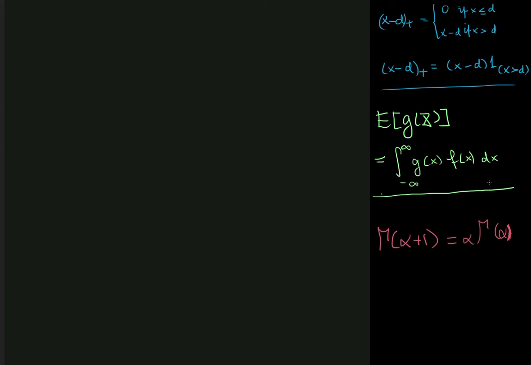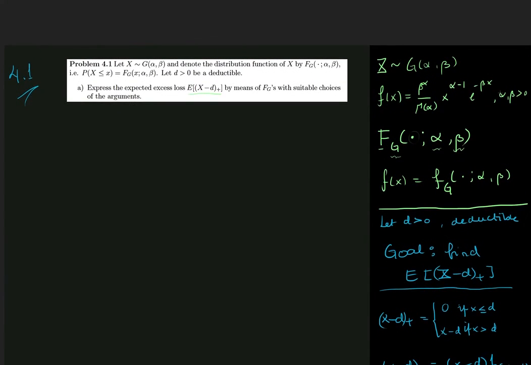So there is this funny relation between the gamma function in one value and the same value plus 1. Here we need to assume that alpha is strictly greater than 1, and I also think we need to assume that in the density function. So alpha is assumed to be greater than 1, or else this thing up here won't really make that much sense. So that was that, and we will start the calculations in the next video.